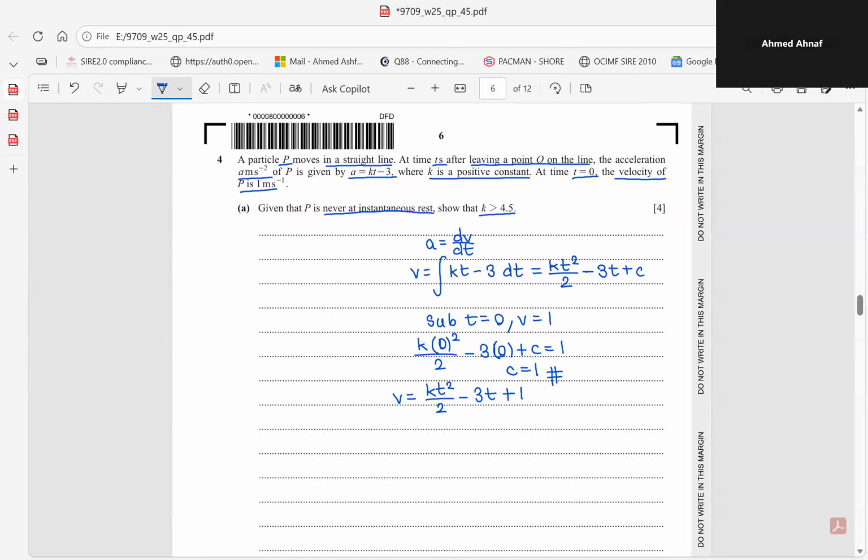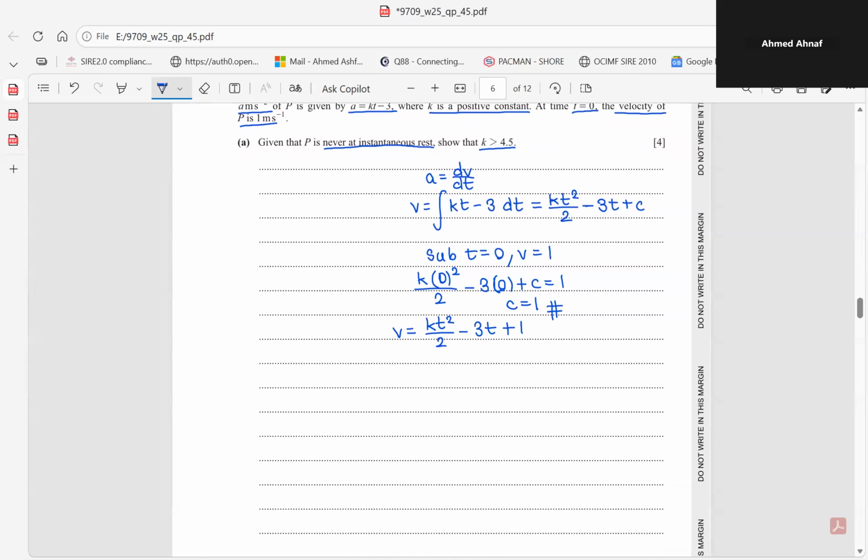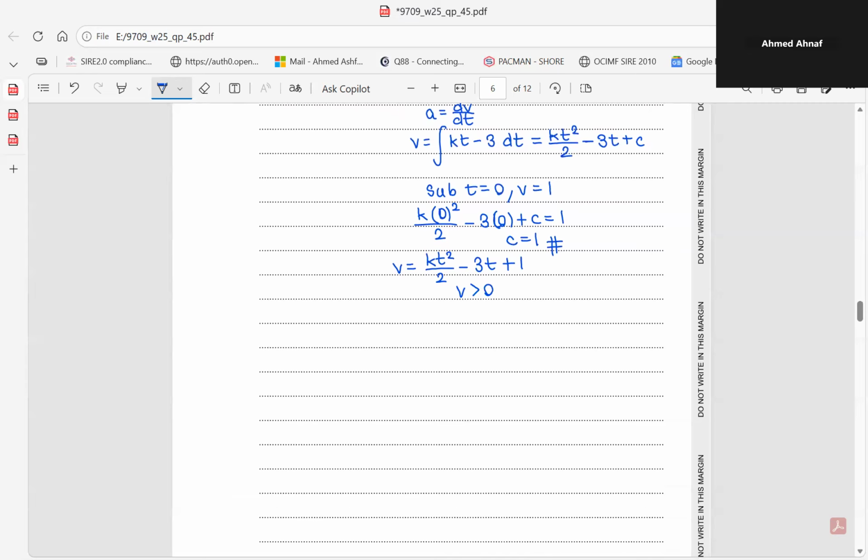Okay, so now I believe we have to set v more than 0. Then we'll have kt squared over 2 minus 3t plus 1 more than 0. Then this would be kt squared minus 6t plus 2 more than 0.